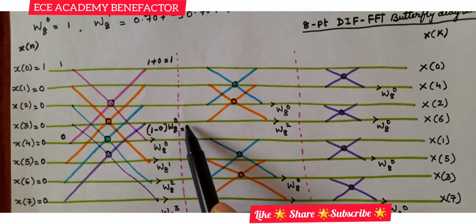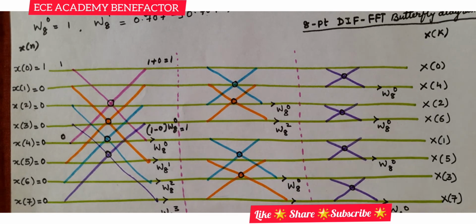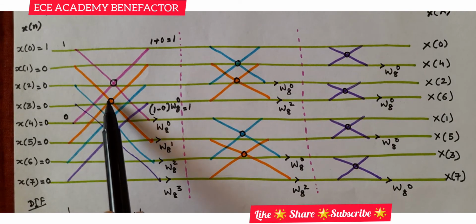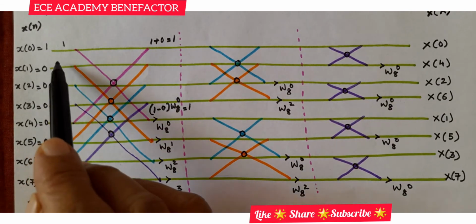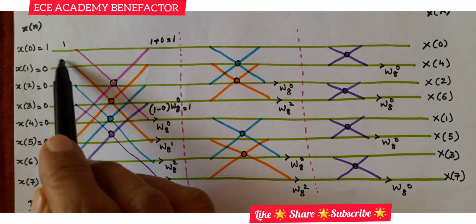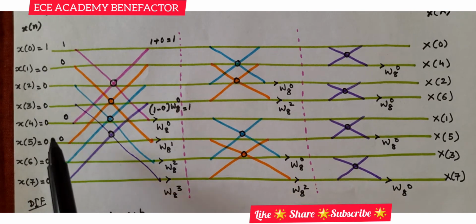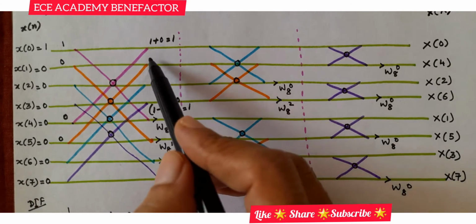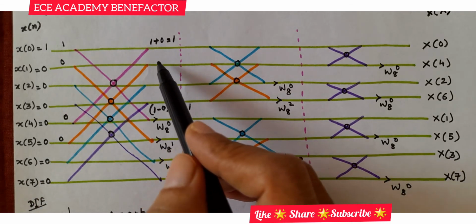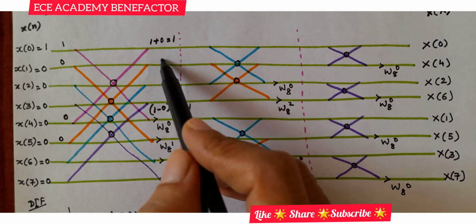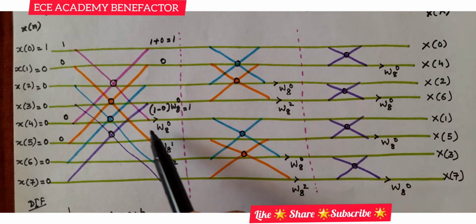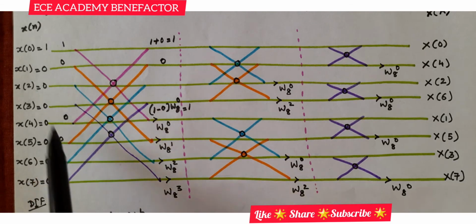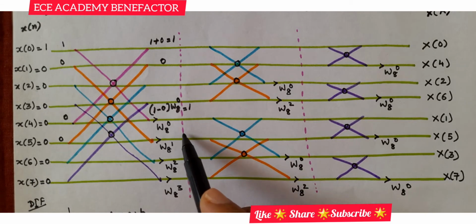So it will come as 1. Okay. Now looking at this orange butterfly, what are the inputs here? For this orange butterfly, the input is 0 and 0. When the inputs are 0, 0, the output will also come 0 plus 0, 0. So here the output will come as 0. And here A minus B. A minus B means 0 minus 0. So it will come as 0.